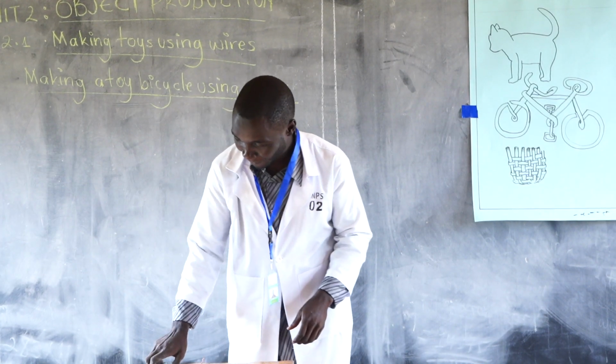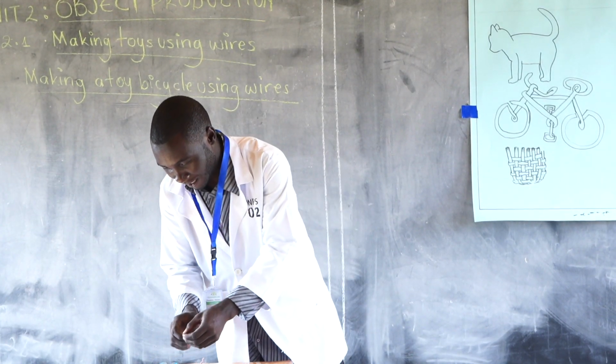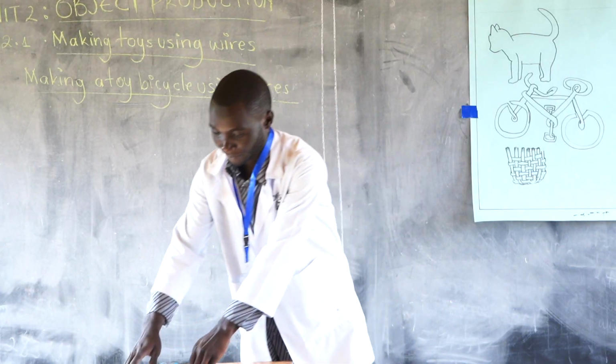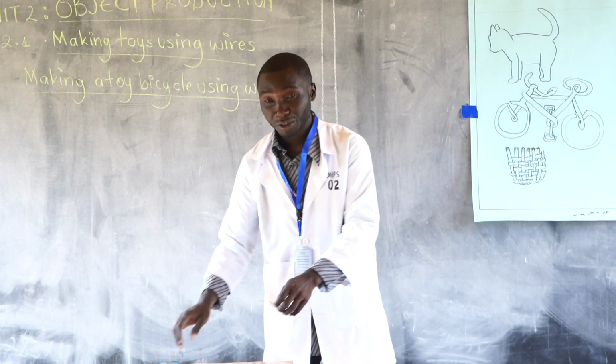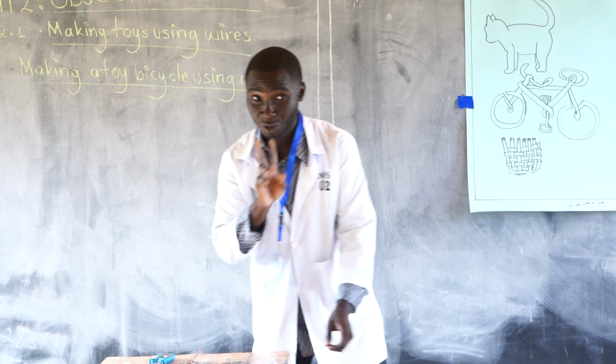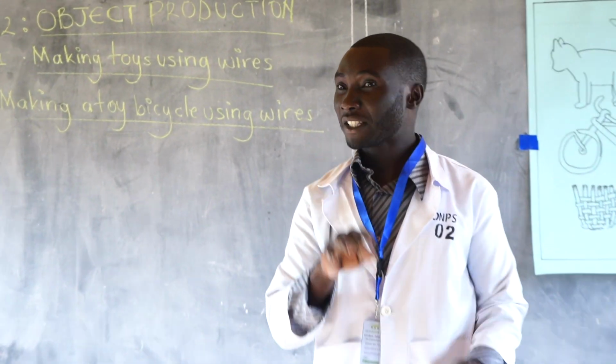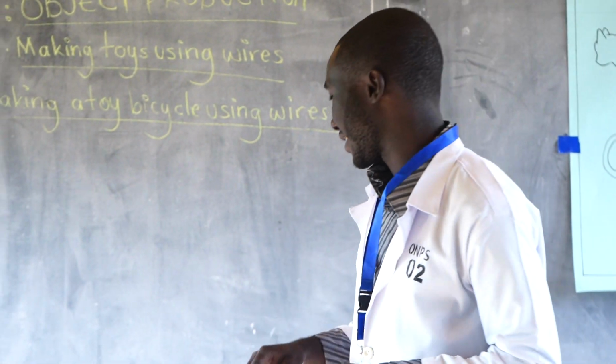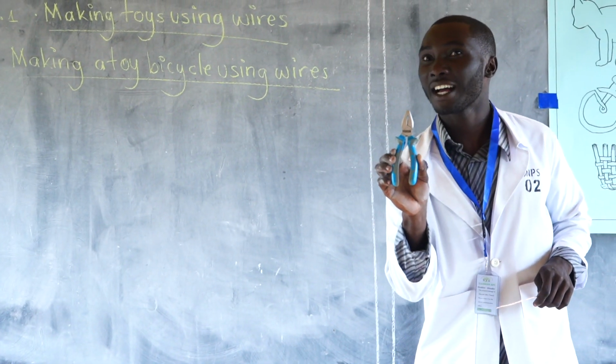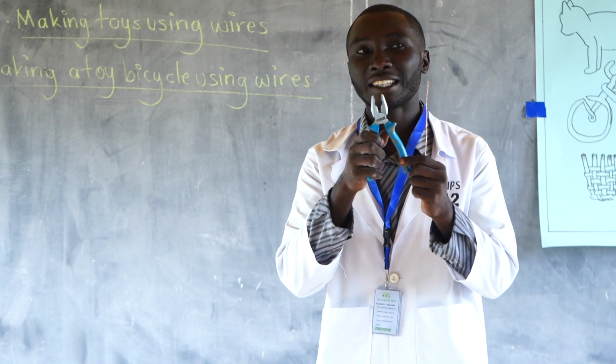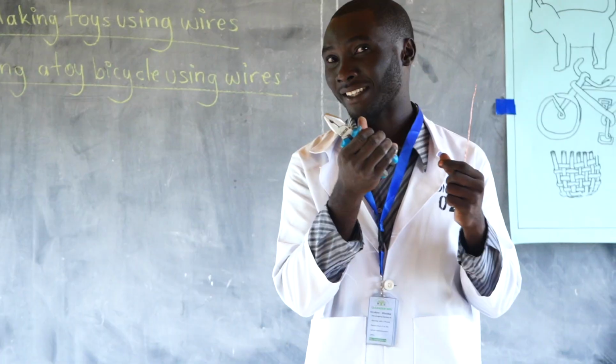Let's go. Step number 1: I have told you we will use 2 materials. The first one is wires and the second one is a wire cutter. Here the example of a wire cutter I have is pliers.